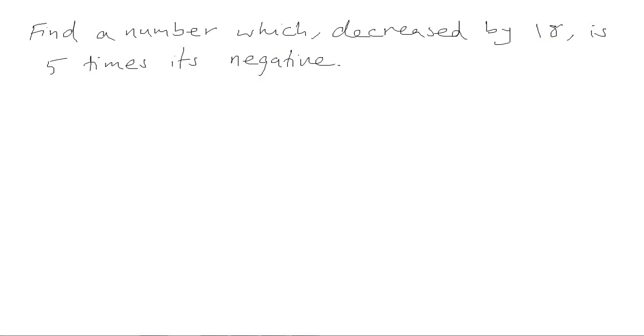Again, you have to put it down mathematically. The number that you're looking for, let's call it x. And what do we know about this number? If decreased by 18, it would be 5 times its negative.